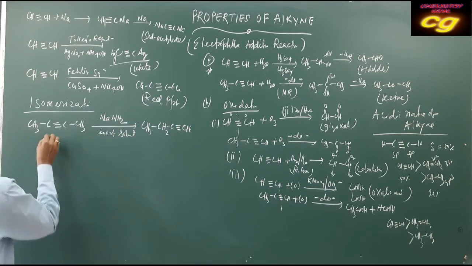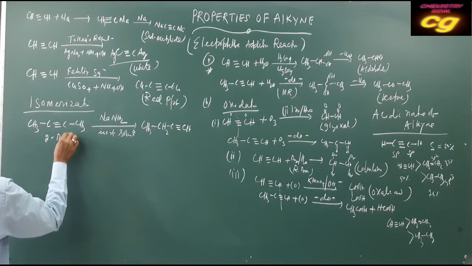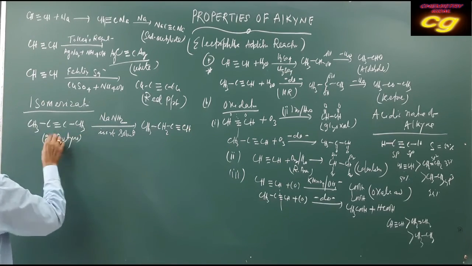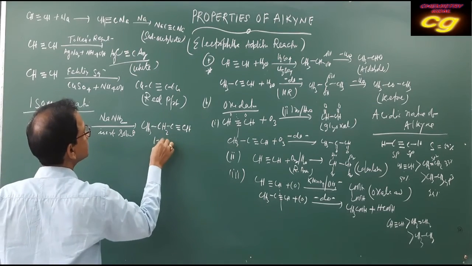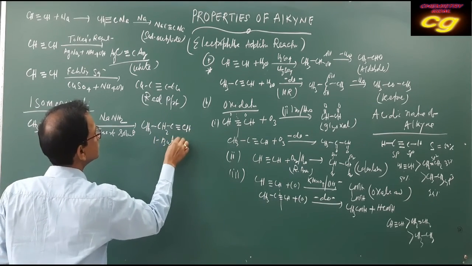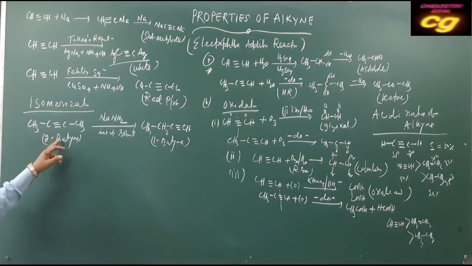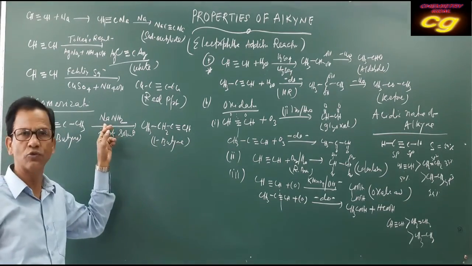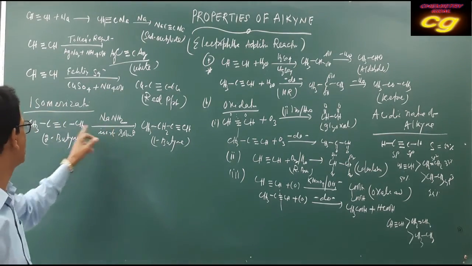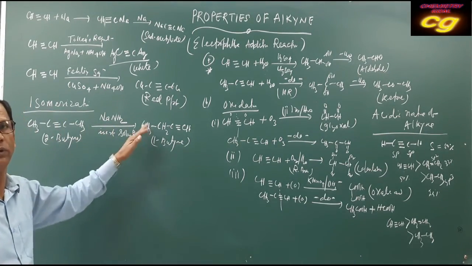So this is 2-butyne, this is 1-butyne. So formation of 1-butyne from 2-butyne using sodamide. This is called isomerization, 2-butyne to 1-butyne.